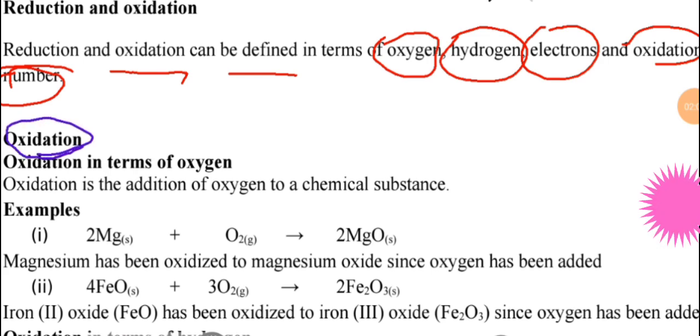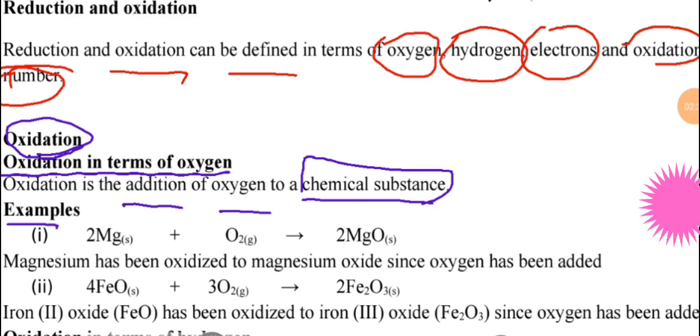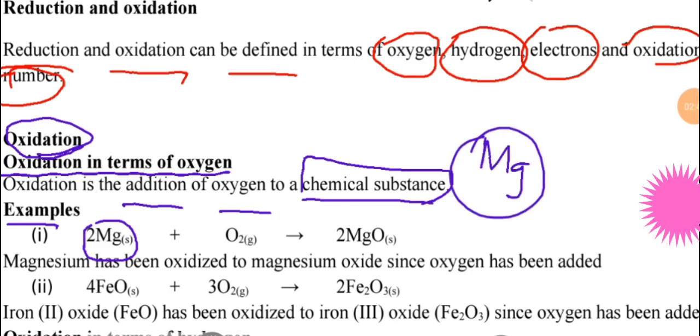What is oxidation in terms of oxygen? Oxidation in terms of oxygen is the addition of oxygen to a chemical substance. For example, we have the metal magnesium, which is a sample of a chemical substance.